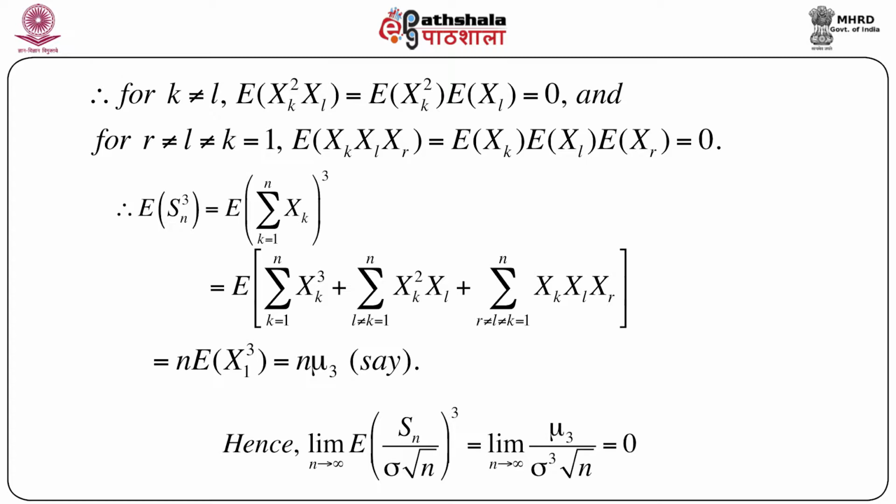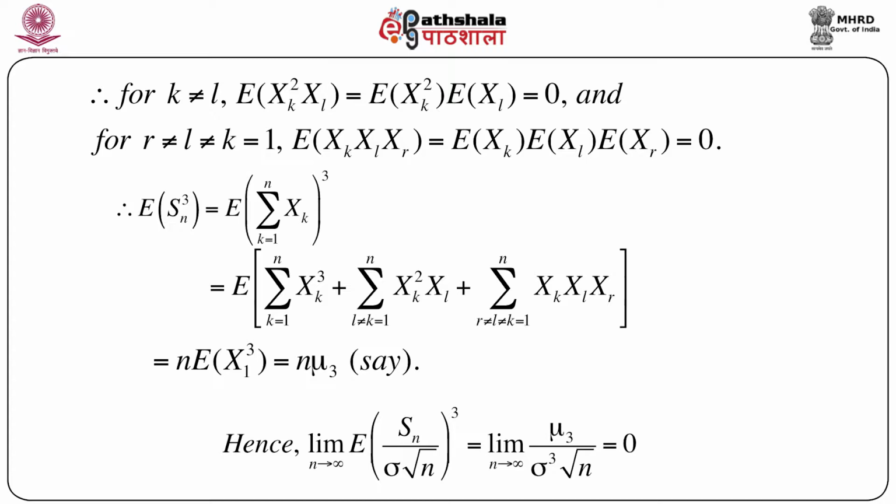Now each xk is identically distributed, so xk cube has the same expectation as x1 cube, which is mu 3 in our notation. So expectation of Sn cube is nothing but n times mu 3. So although the expansion of Sn cube is slightly complicated, when we take expectation the expression is so simple, it's just n into mu 3.